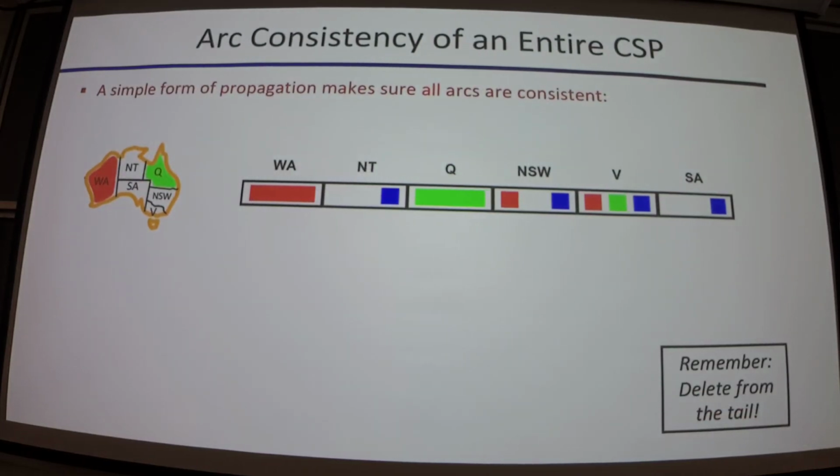The other end of the spectrum would be, let's make all arcs consistent all the time. This is arc consistency of an entire CSP, a conceptually simple form of propagation. You make sure all arcs are consistent. Remember, delete from the tail. That's important. So let's look at the arc from V to NSW. Is this consistent?